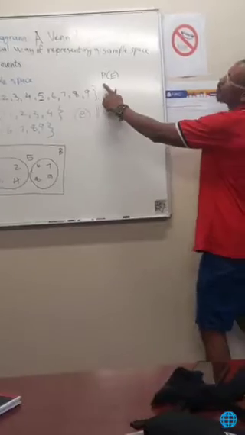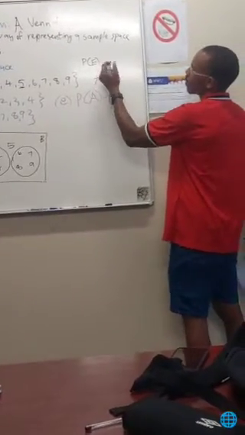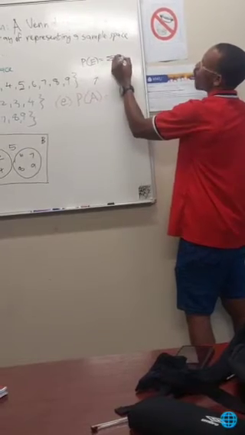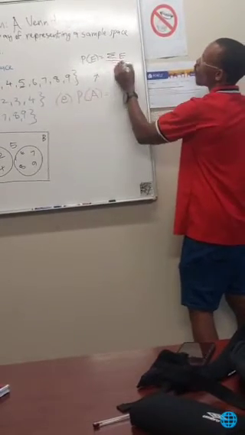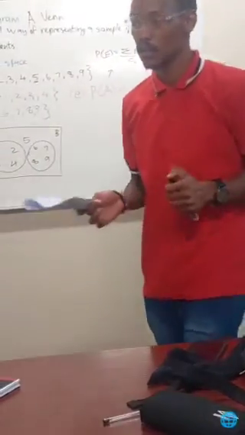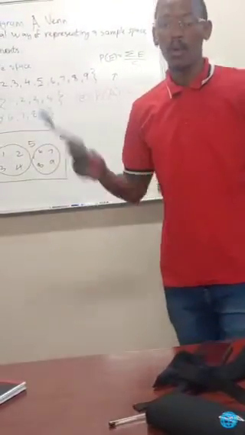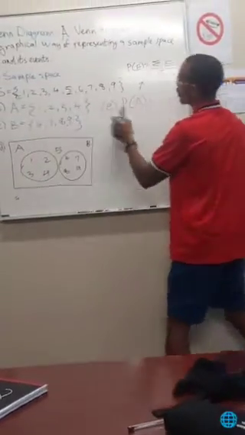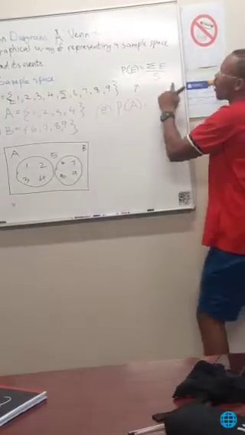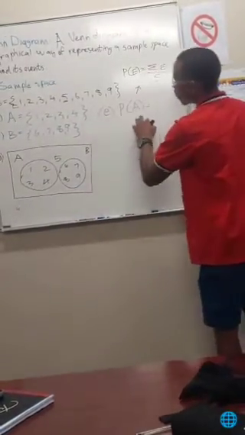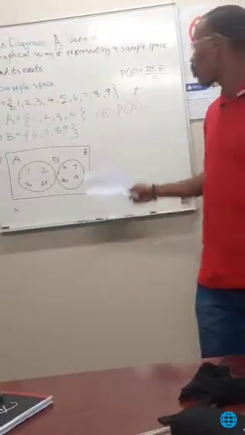So, the probability of an event equals the sum of that event over the sample space. Correct? So, the sum of the elements in each event over the sample space, right? So now when they ask us to calculate the probability of A, we're going to use this formula.